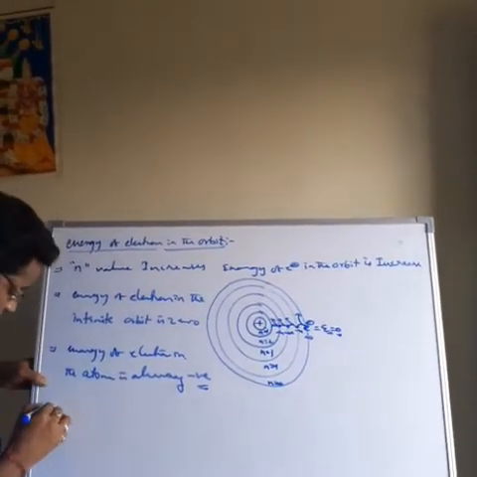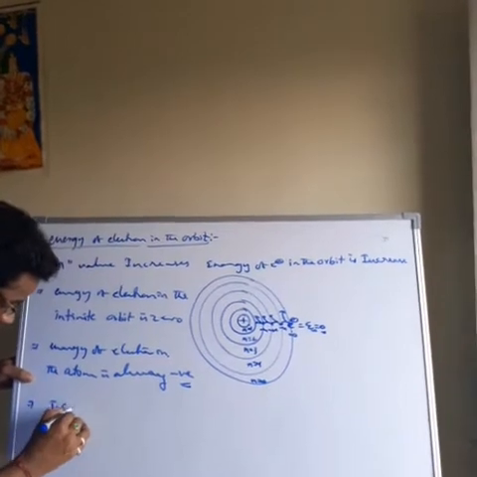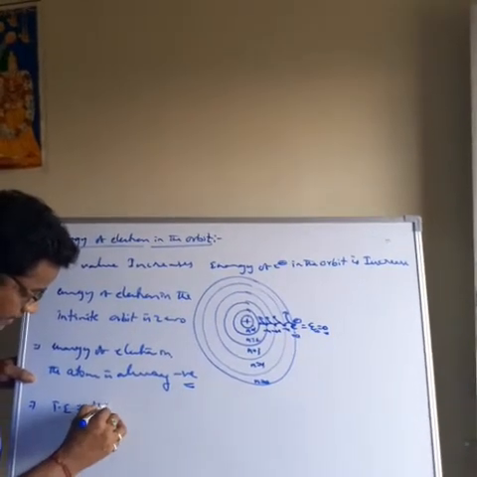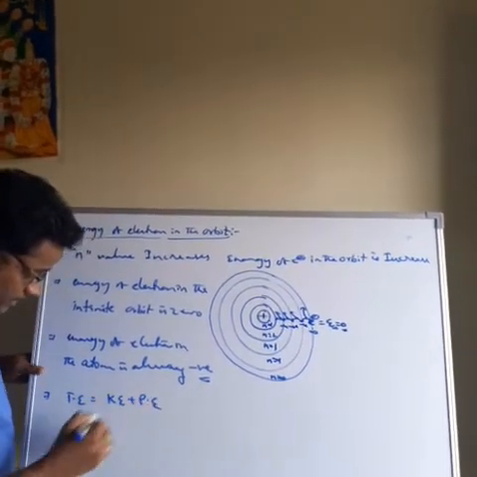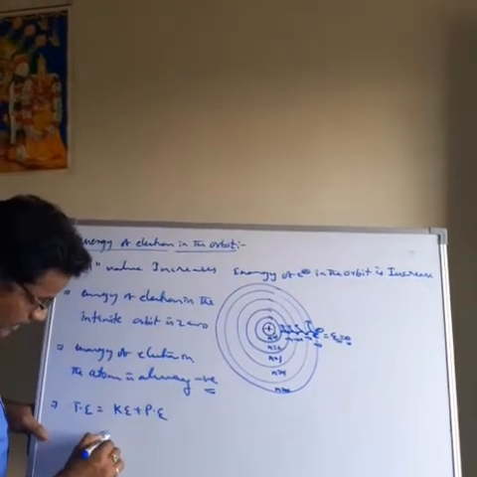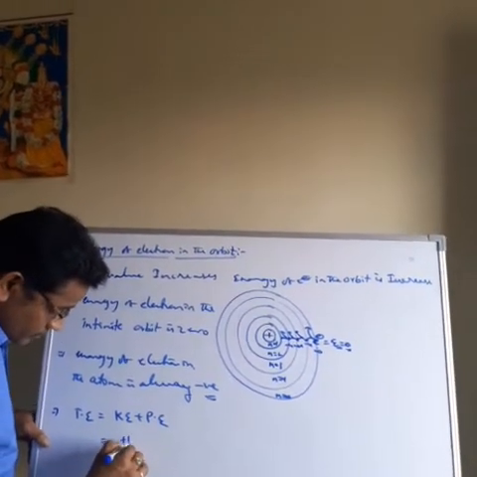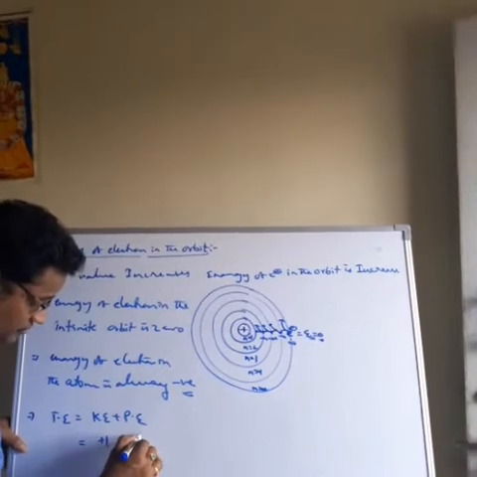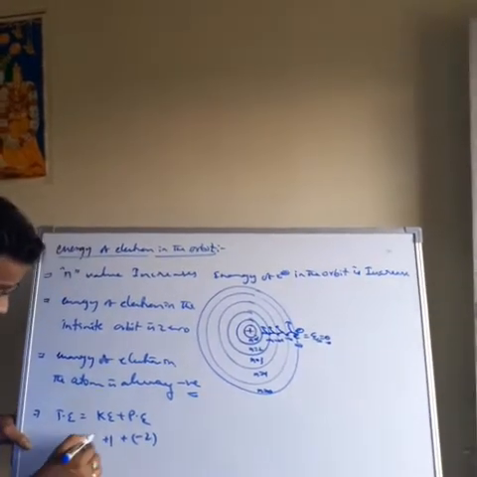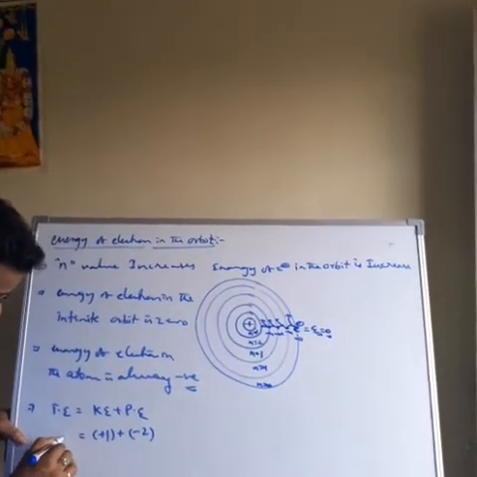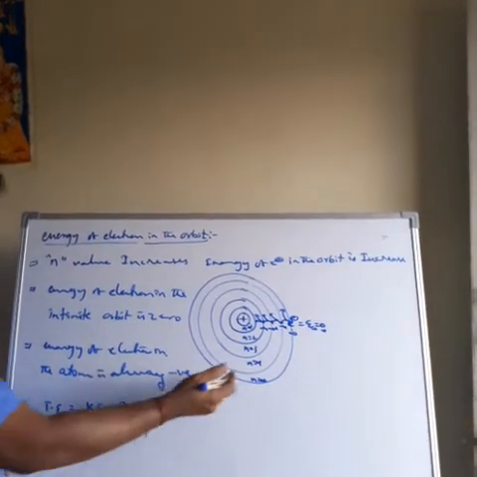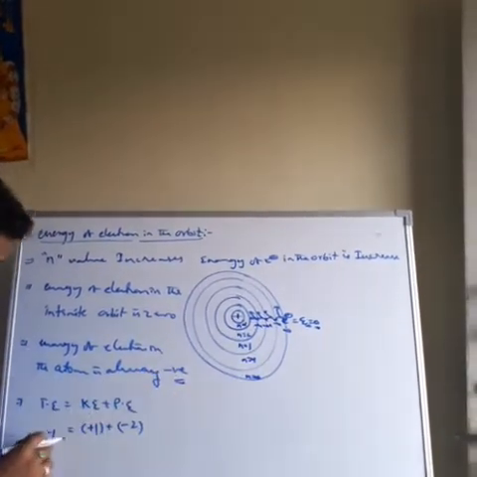Okay. Then next one is, the total energy of electron is equal to kinetic energy plus potential energy. So your kinetic energy is always plus 1, potential energy is always minus 2. Then total energy is minus 1. So your total energy is always negative. How is your total energy negative?